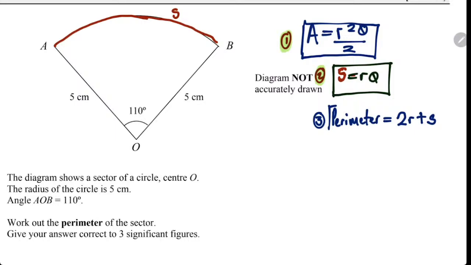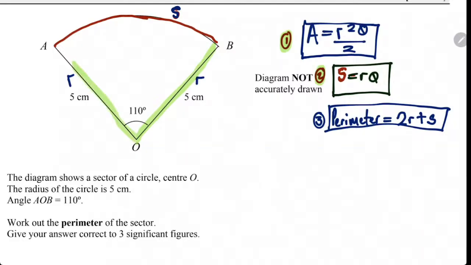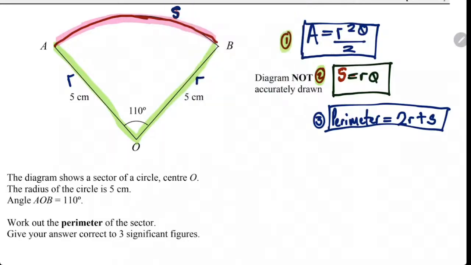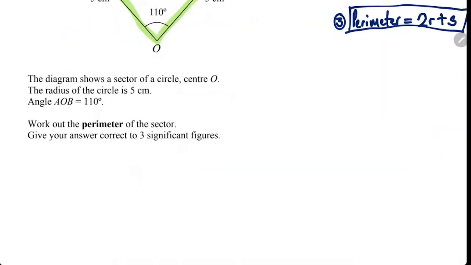For perimeter, we want the distance right round here. So there's r, and there's s. We want to go right round, so we say r plus r again. That becomes 2r. Then we add this last one, which is s. And we would have found the perimeter of the sector. So if we come here, work out the perimeter of the sector.